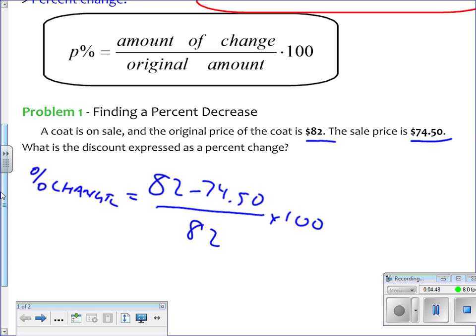And our percent change, our discount, is about 9.1%. So we're saving 9%. That's it. That's how you find percent change. The formula is not a difficult formula. It's the change divided by the original times 100.